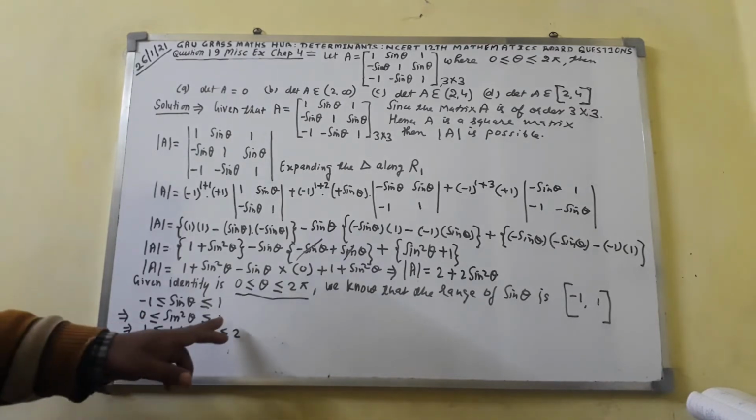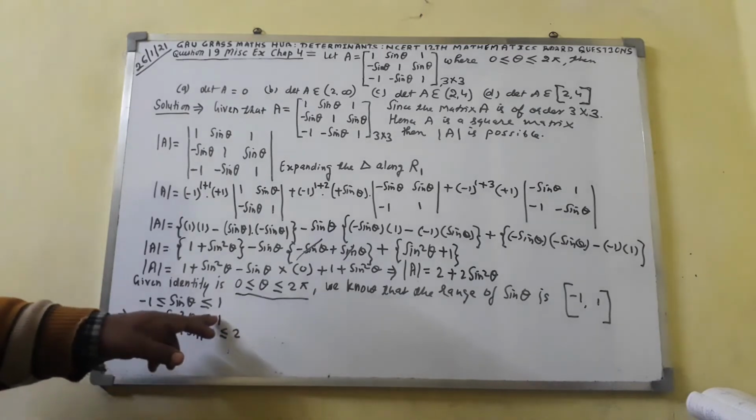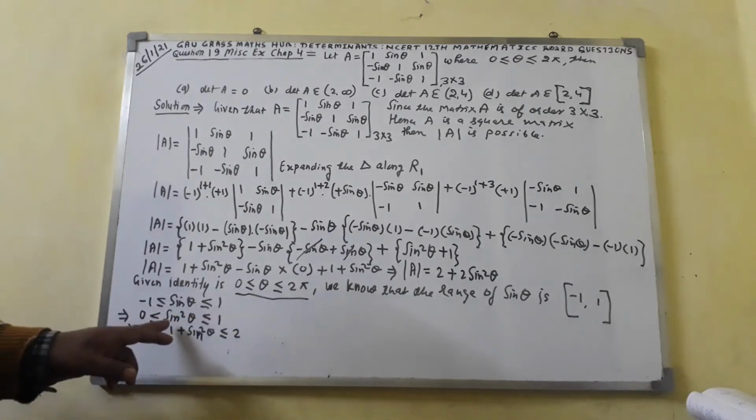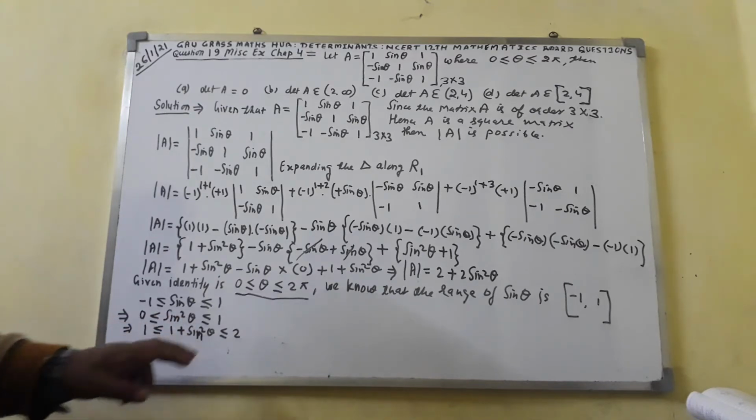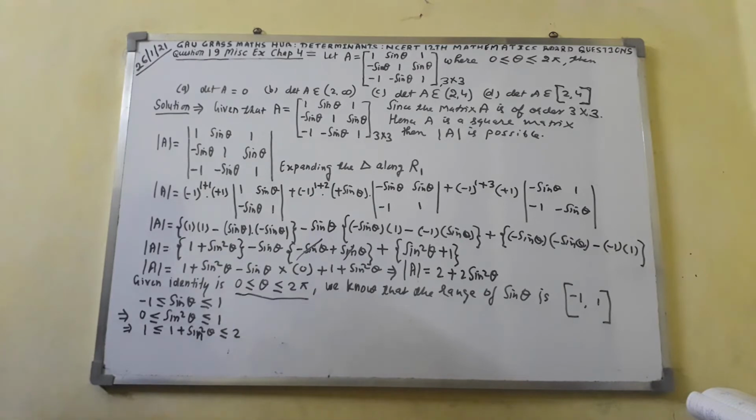You have got this, because if you add 1 here, 1 plus 1 comes out 2, and here sine square theta, if you add 1 you will get 1 plus sine square theta, and you will get 1. So this thing you will get.